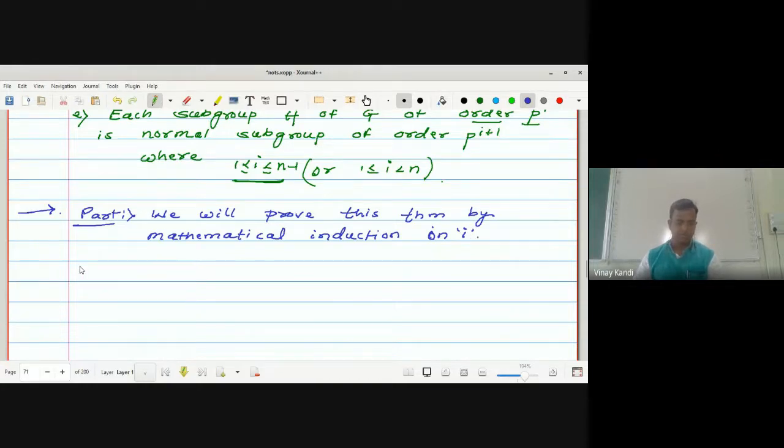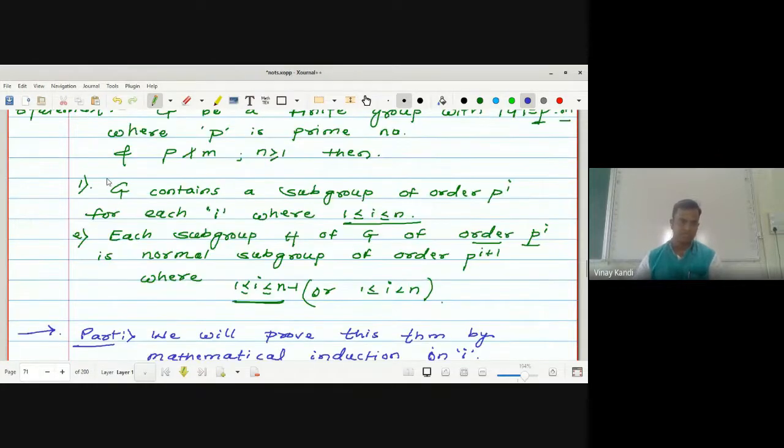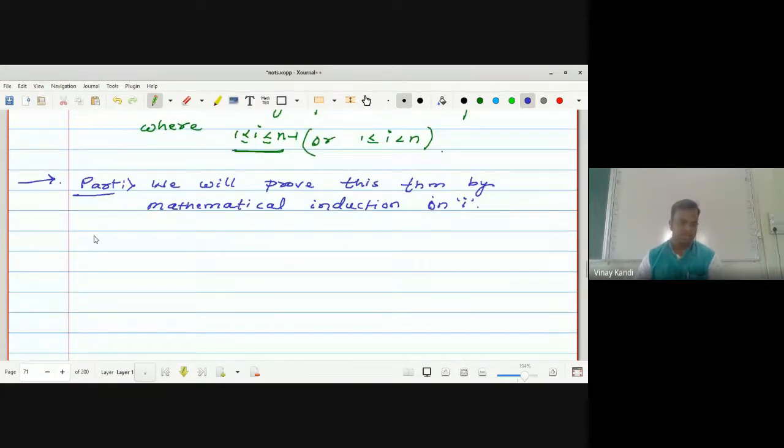So in part 1, I am proving the first statement. Step number 1 of part 1: prove that the result is true for i is equal to 1.